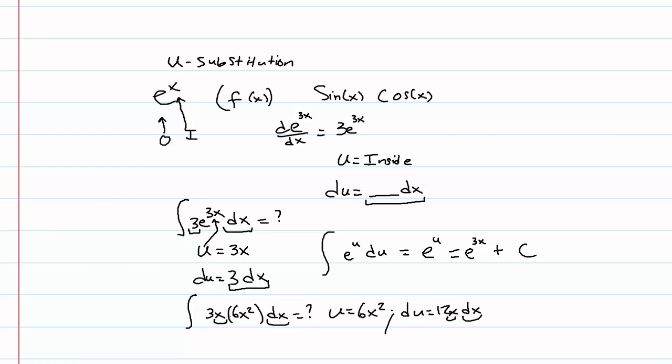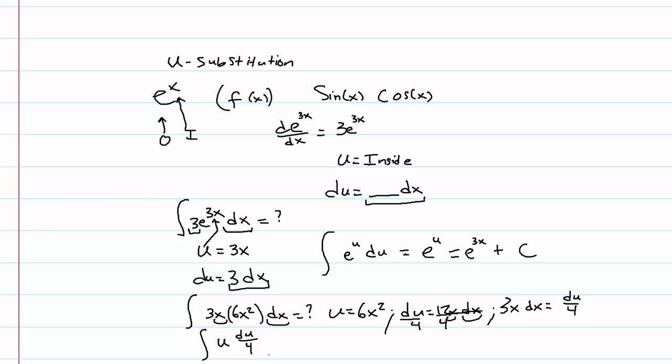We need to get rid of this 3x dx entirely, so let's solve for it. In order to get a 3x dx from a 12x dx, we need to divide both sides by 4. So 3x dx will end up being du over 4, and when we substitute this, we'll end up with u du over 4.